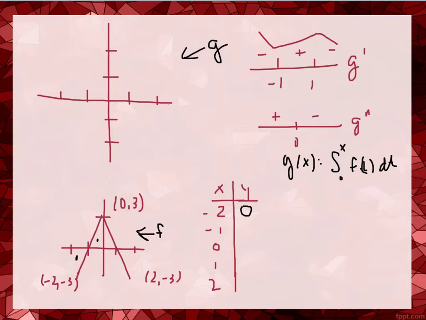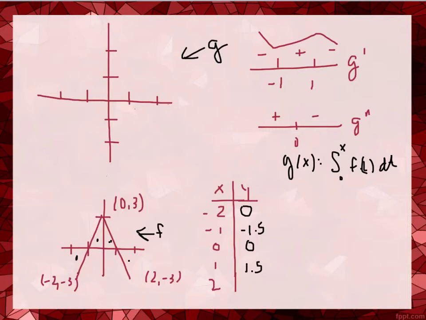Then we already found g of negative 1. It was negative 1.5. g of 0 will be 0 because that would be the integral from 0 to 0. g of 1 would be this area from 0 to 1, which should be 1.5. And g of 2 would be the area from 0 to 2.